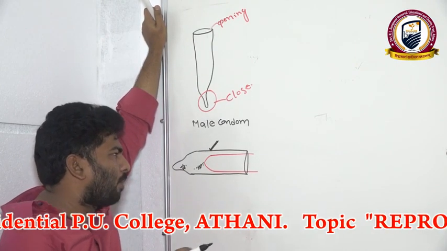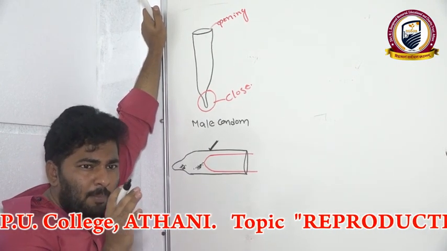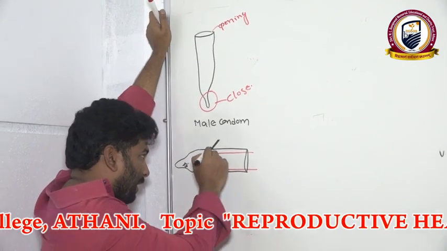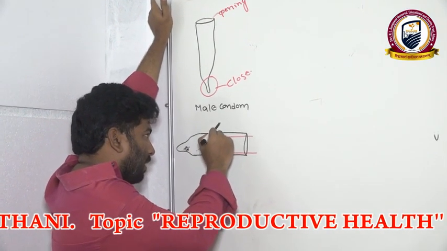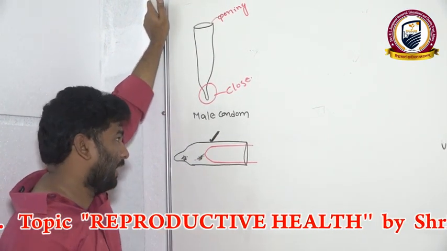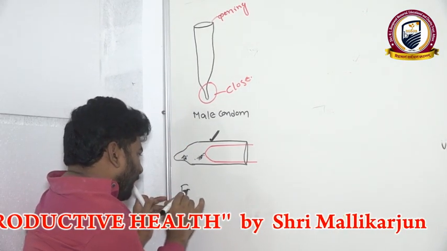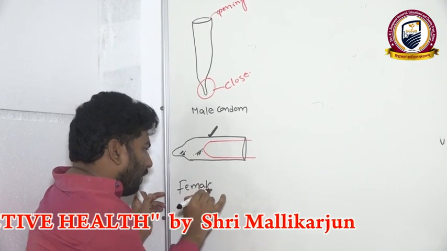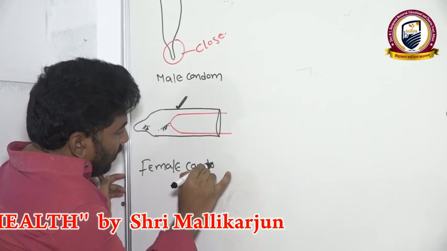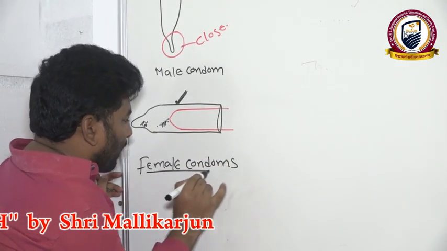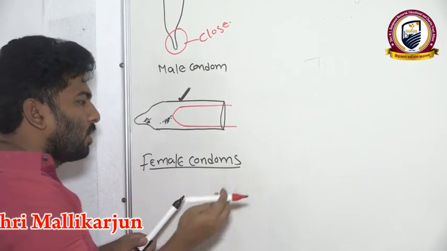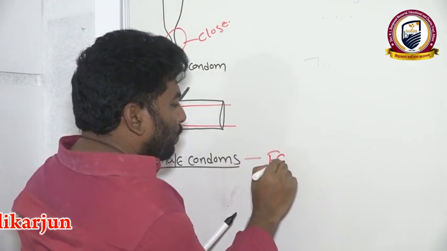We have to take care about this also, and we should use only the branded barriers available in the market. Clear? Now this is one thing. Next one, the female condoms. Female condoms, we can also call them femidomes.